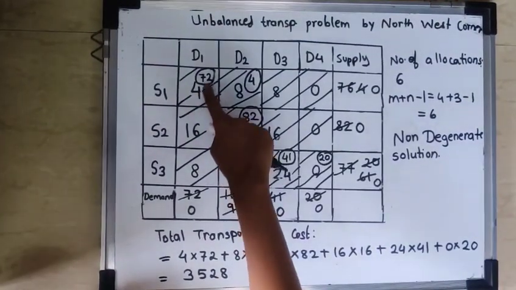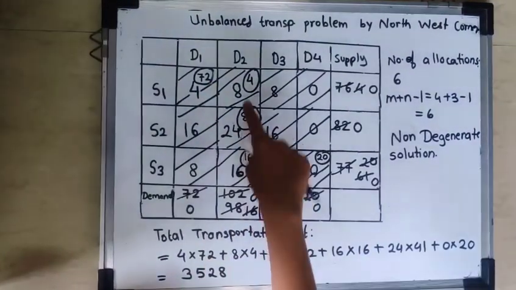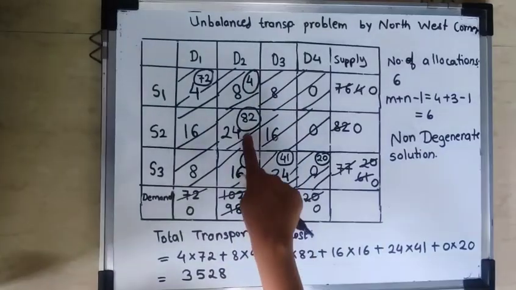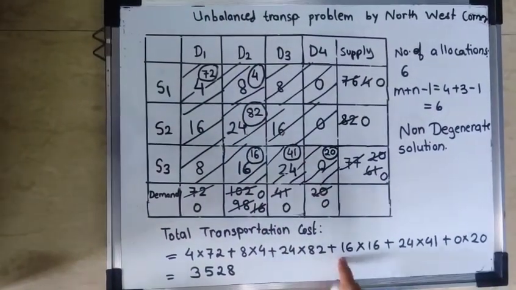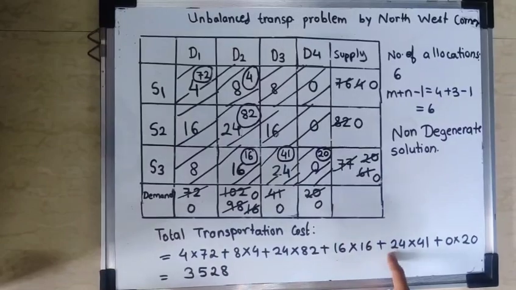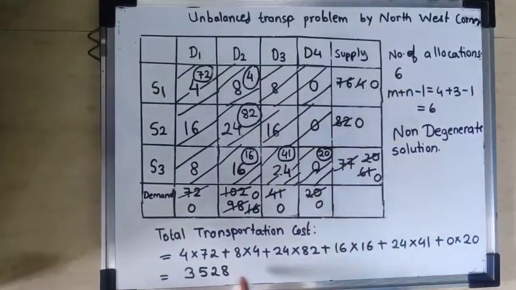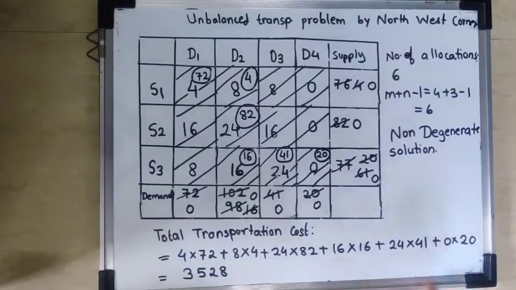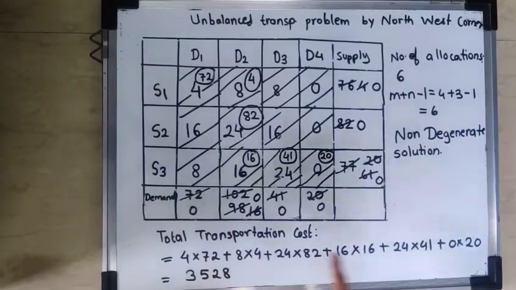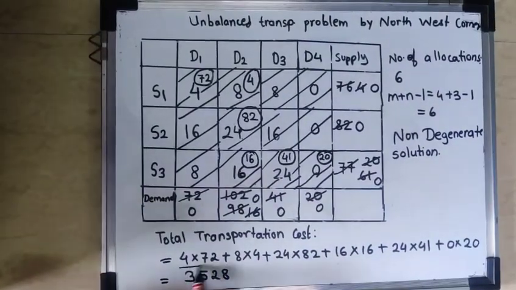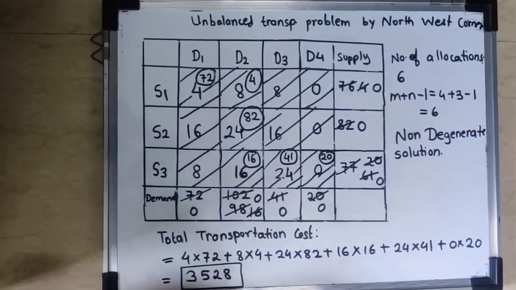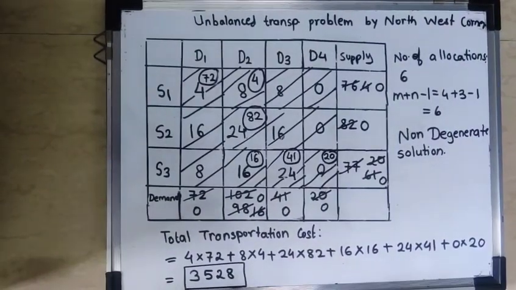So 4 into 72 plus 8 into 4 plus 24 into 82 plus 16 into 16 plus 24 into 41 plus 0 into 20. After multiplying and adding, we get the answer as 3528. So 3528 is the answer.